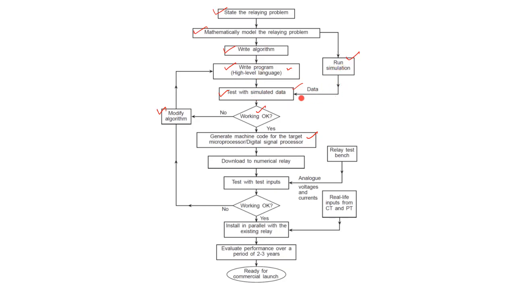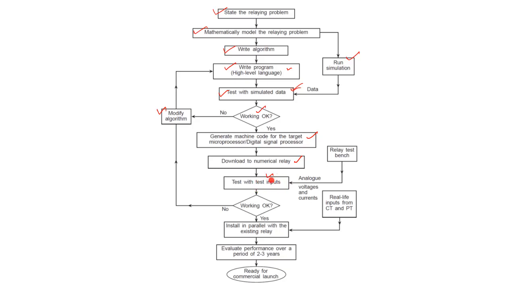So this simulated data is compared with the high level language result, which is tested with the simulated data, to see whether the result matches or not. If yes, then the machine code is generated for the target microprocessor or digital signal processor, then it is downloaded to the numerical relay, and again tested with the test inputs.